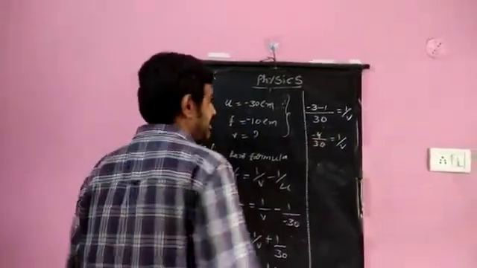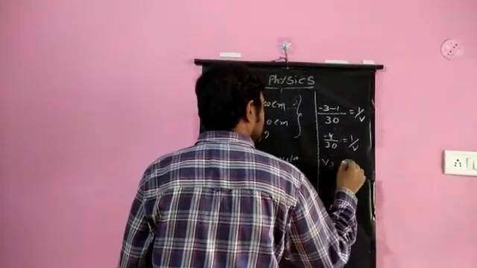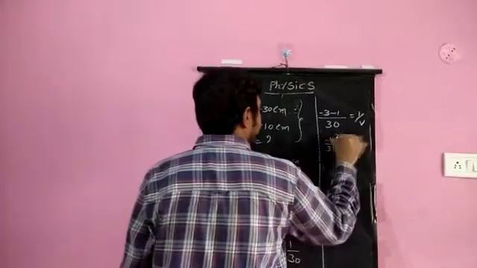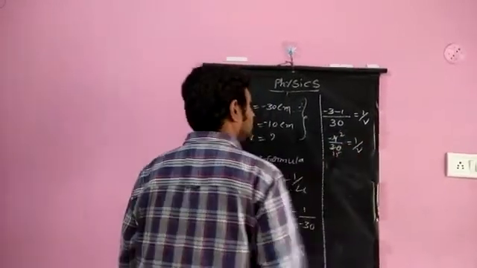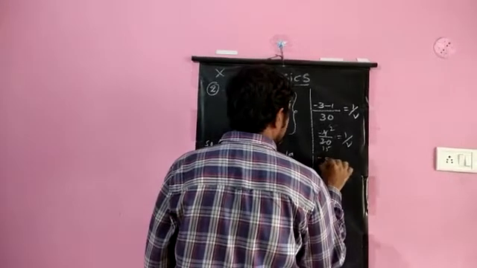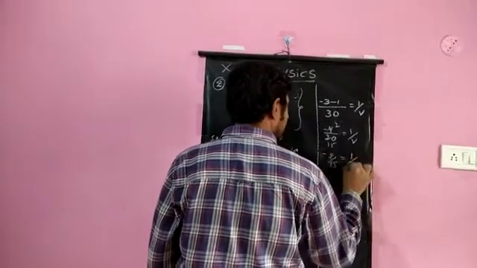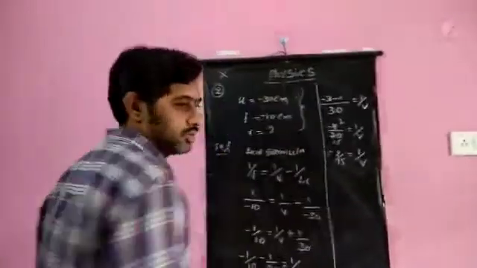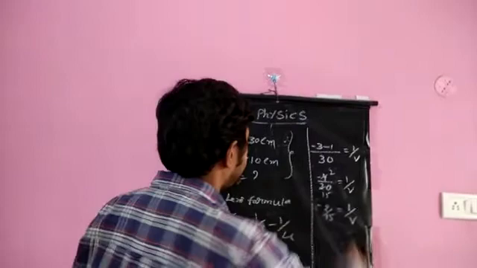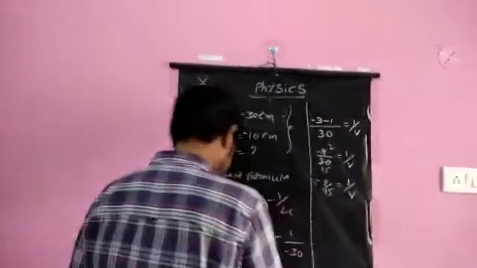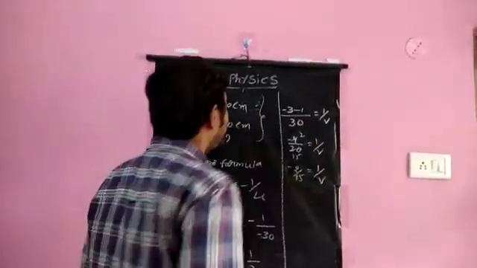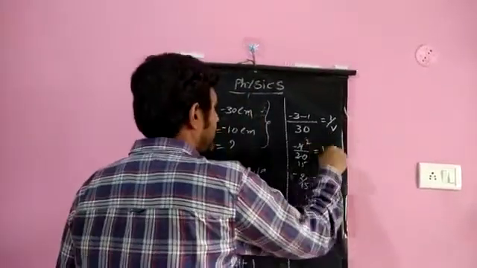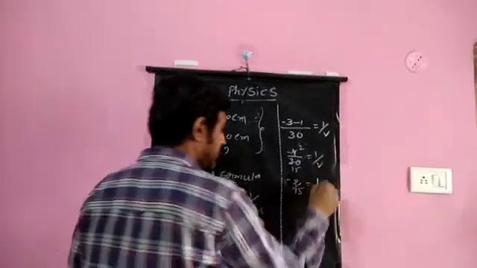Simplifying that, minus 4 by 30, 2 goes into 15, so we get minus 2 by 15 equals 1 by v.